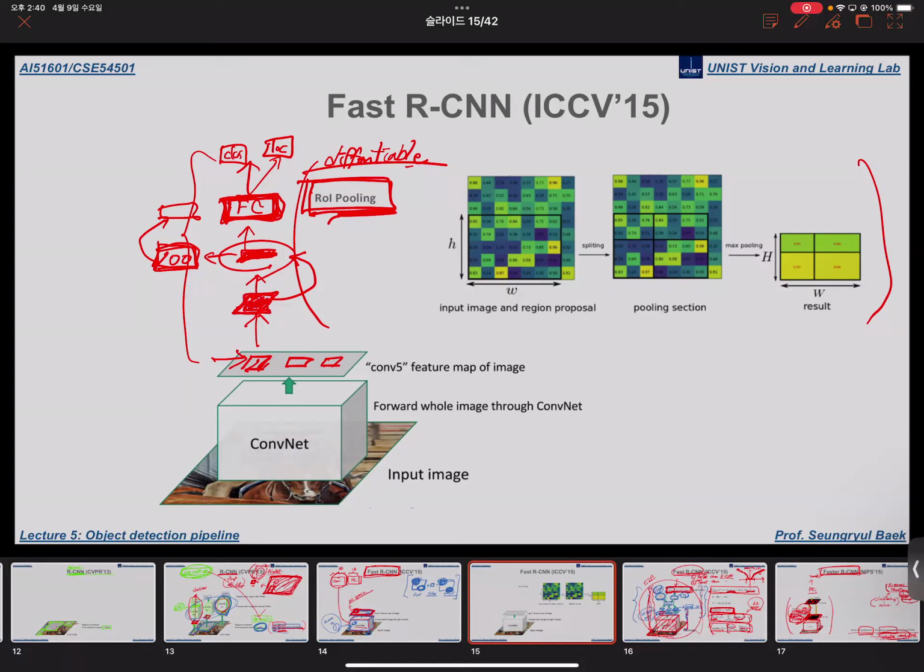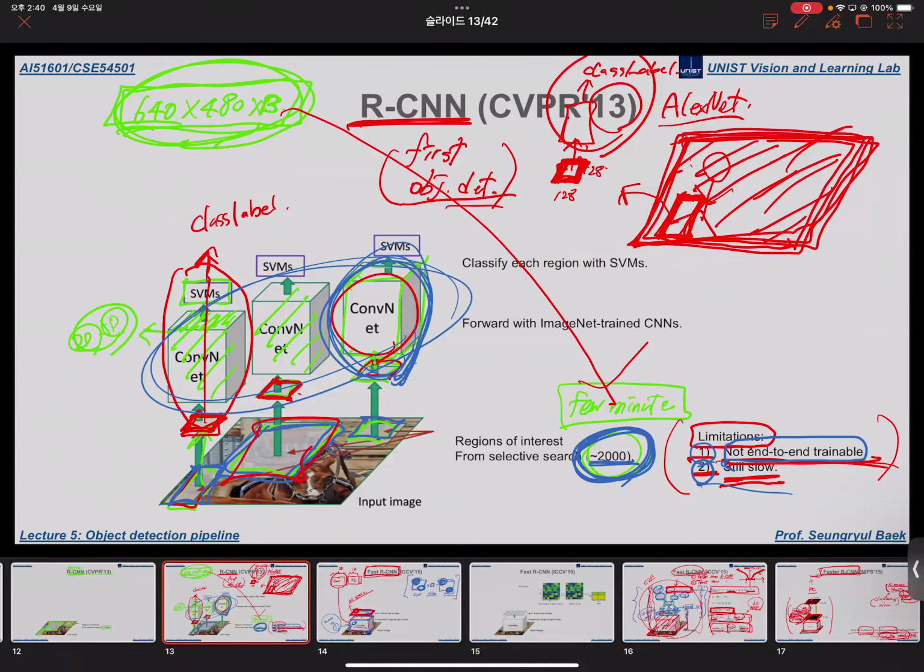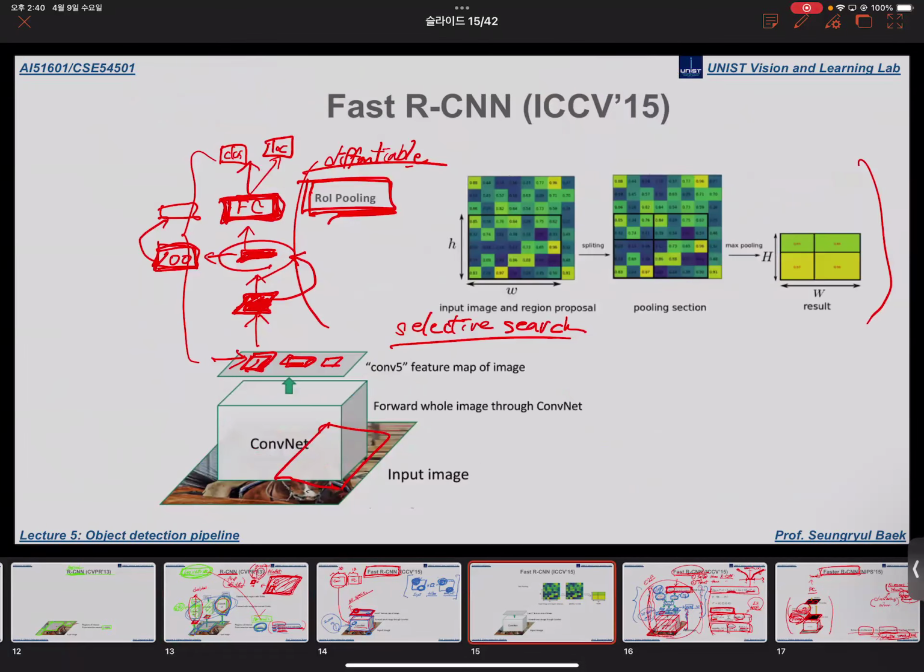And actually, the dimension of these patches varies. The bounding boxes obtained from the selective search algorithm vary depending on the object size. So we have already seen that the bounding box dimension varies. So the cropped feature map's dimension varies depending on the bounding boxes obtained from the selective search algorithm.